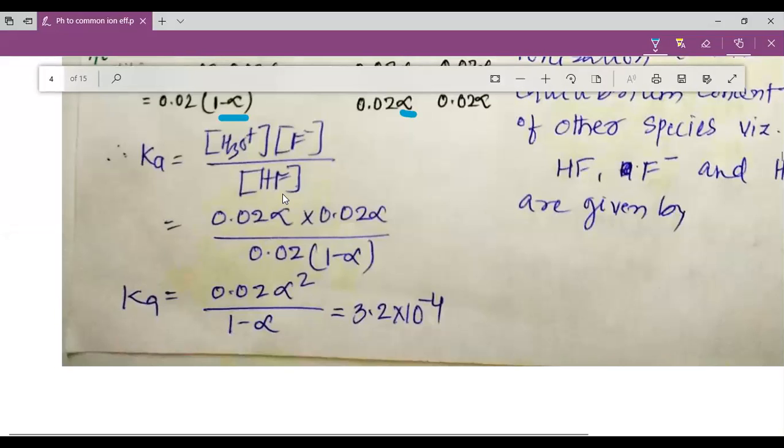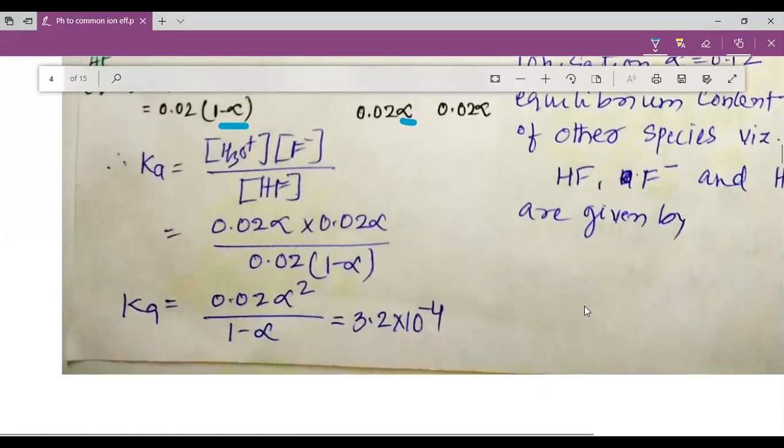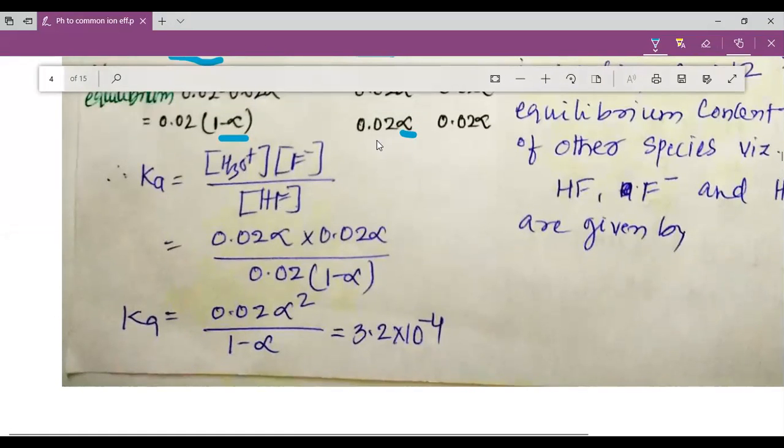is equal to the concentration of H3O plus into F minus divided by HF. The concentration of H3O plus, you can see here, is 0.02 alpha. The concentration of F minus is also 0.02 alpha, divided by the concentration of HF, which is written over here, 0.02 into 1 minus alpha. Let us put these values, and we are well aware that 0.02 divided by 0.02 gives us 1.